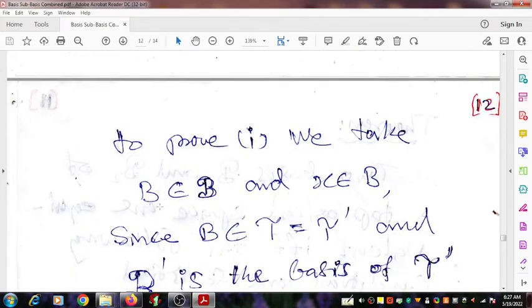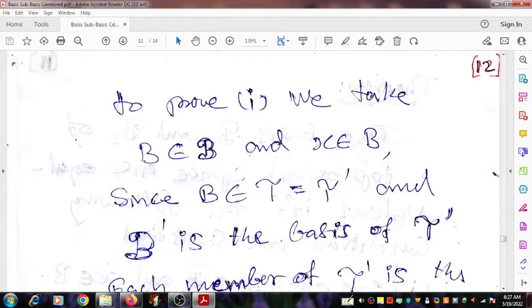Now we move to prove statement 1. The proof of statement 1 will tell us that there is no need to prove statement 2 separately. By replacing B by B prime, script B by script B prime, and topology tau by tau prime, that is, interchanging these symbols, the corresponding changes are there in the meaning also.